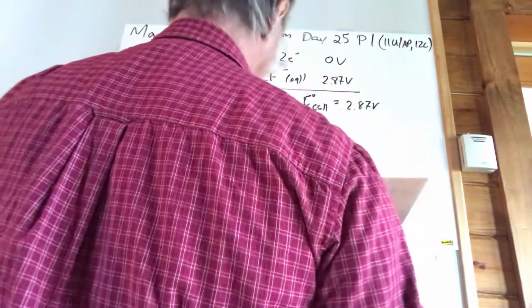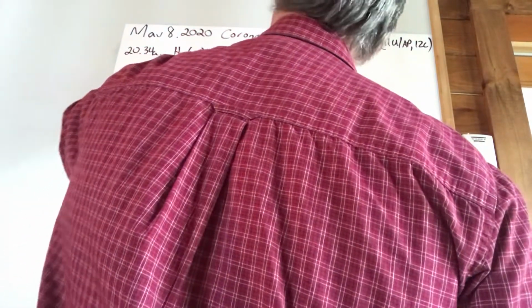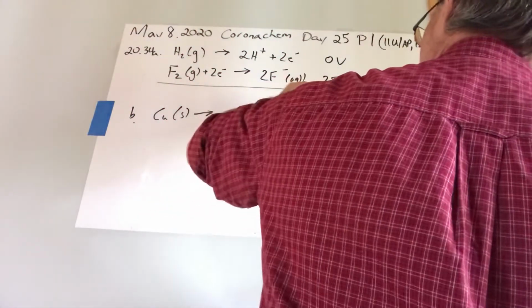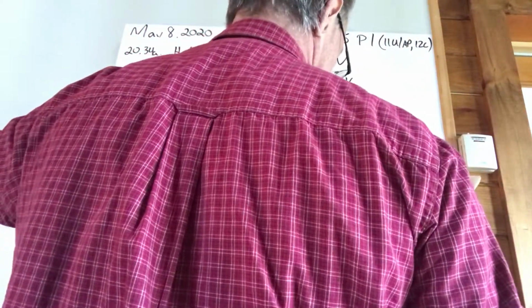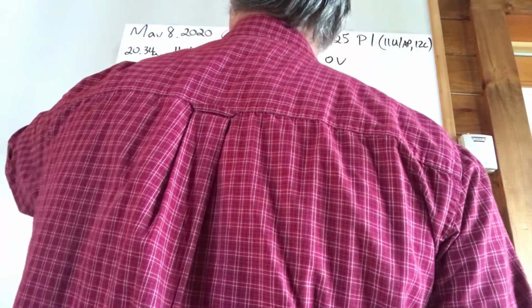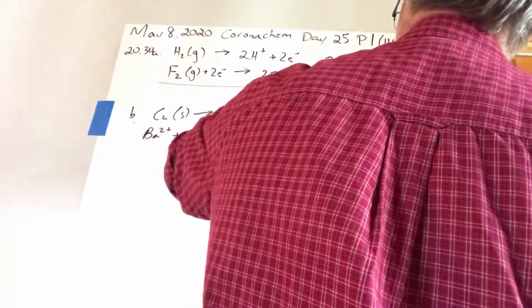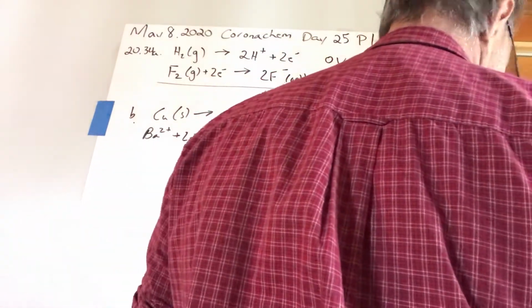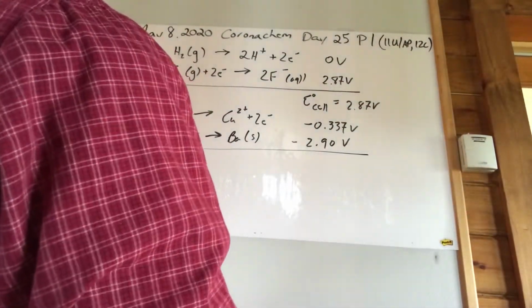For B, we have copper solid turning into cupric ions plus 2 electrons. That has a half reaction potential of negative 0.337 volts. And barium 2+ plus 2 electrons gives you barium solid, and that has a negative 2.90 potential. So the reaction as written has a negative cell potential, which means it tends to run the other way.